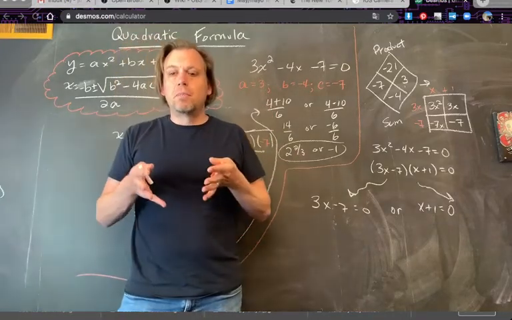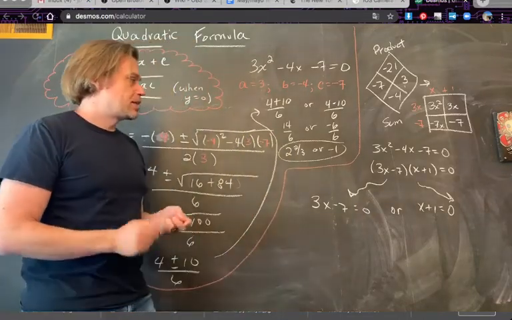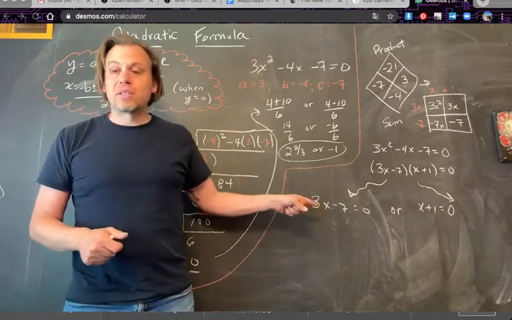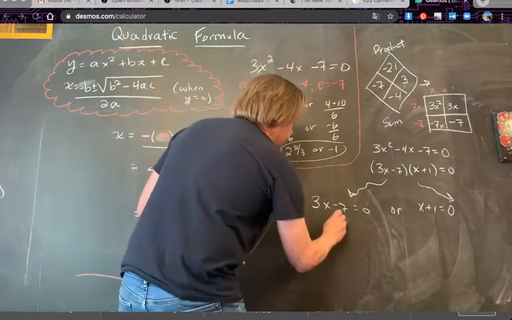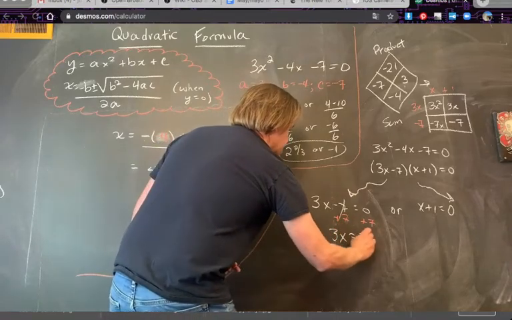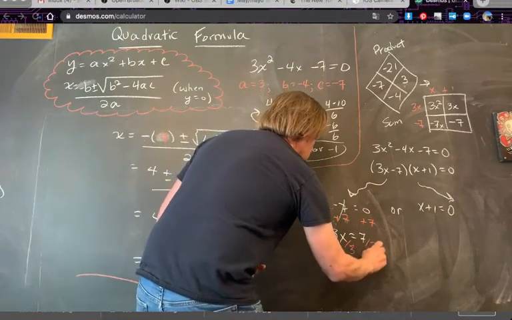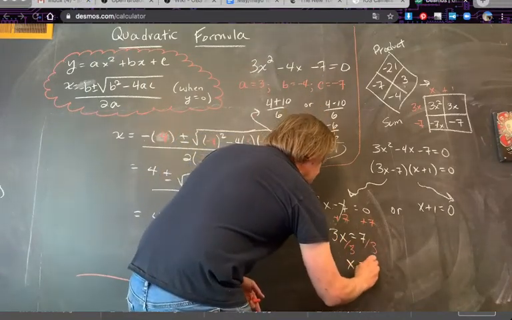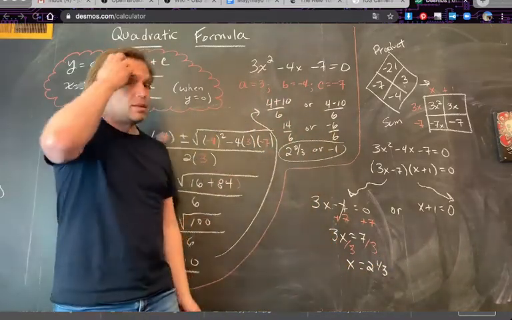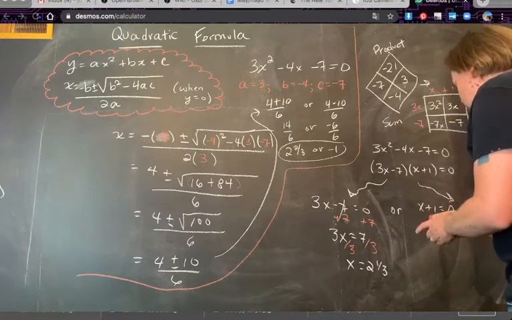Think way back before there was any school closure or blackout or plague or whatever it is going on. All I have to do now is solve each of these equations. So here I'm going to add 7 and divide by 3. I get 3x and 7, then divide by 3. X is equal to 2 1/3, or 2.333. We're getting the same number. Let's do that over here. How do we solve this? We just subtract 1. And that was our other answer.